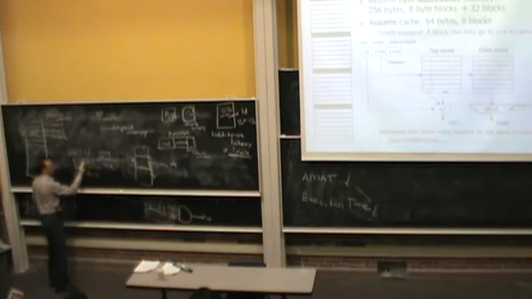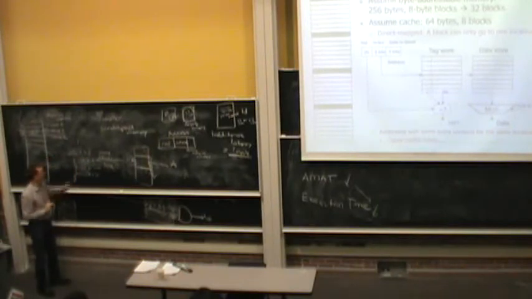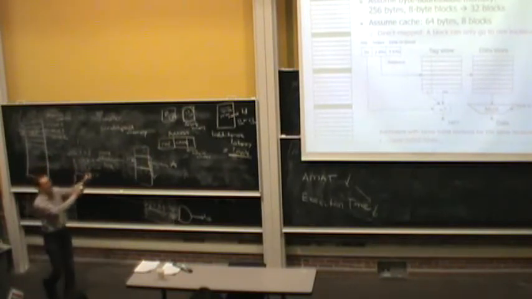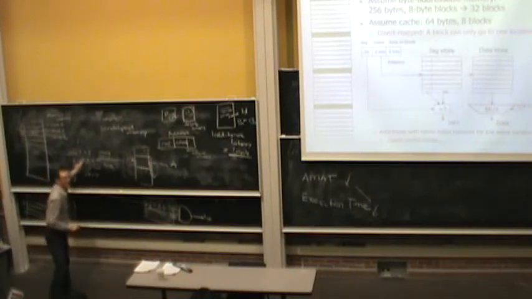So in all iterations, you access A and B. You really want these A and B in two different cache blocks, such that you always hit in the cache when you access them.